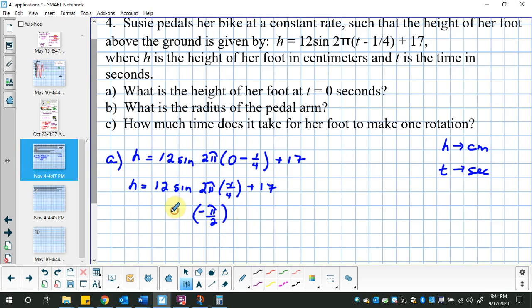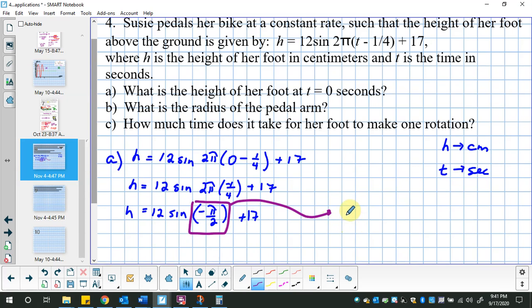Now, I recommend that you know what negative pi over 2 is. And if you don't, that's okay, because you do have the ability to take this radian and convert it.